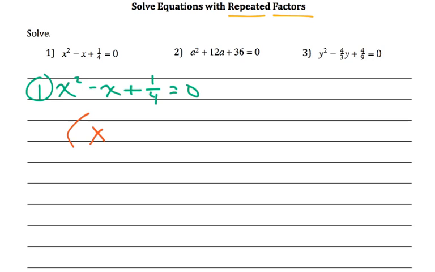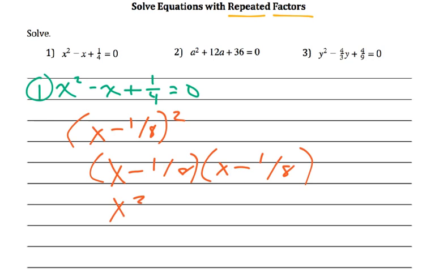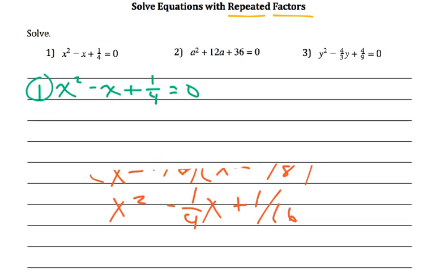So here's x minus 1/8 squared, which means that would be x minus 1/8 times x minus 1/8, and then I get x squared minus 2 times 1/8, which would be 1/4 x, plus 1/16. So it looked like that was the wrong assumption, and that's why I started by writing it in red.